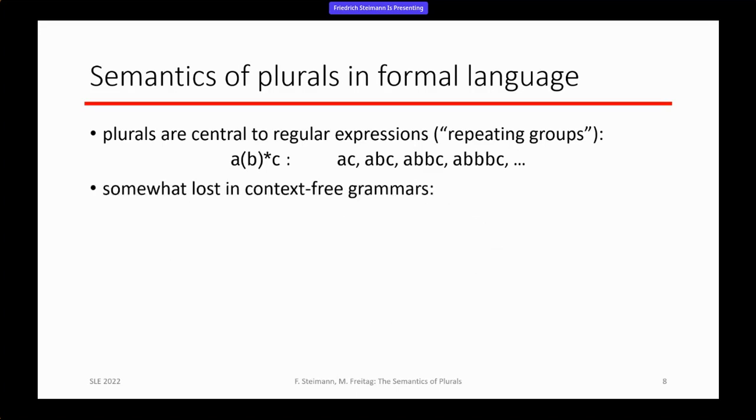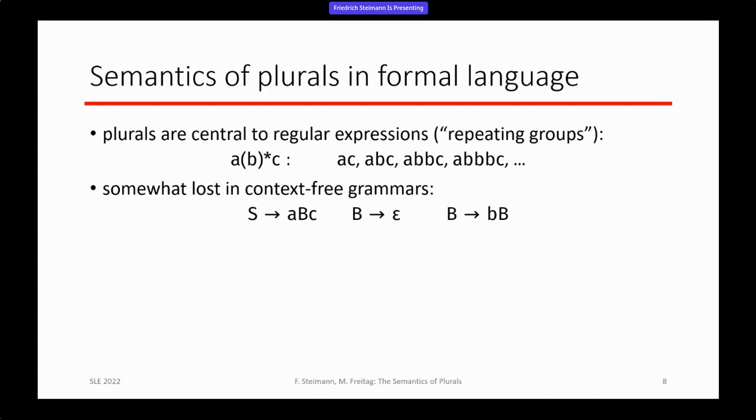And strangely, in a more advanced, more powerful grammar formalism, that of context-free grammars, the possibility to express plurals in such a simple form, which is very much comparable to how natural language would express it, just name many, disappears somehow, because in context-free grammar we need to employ some kind of recursion to express a plural.